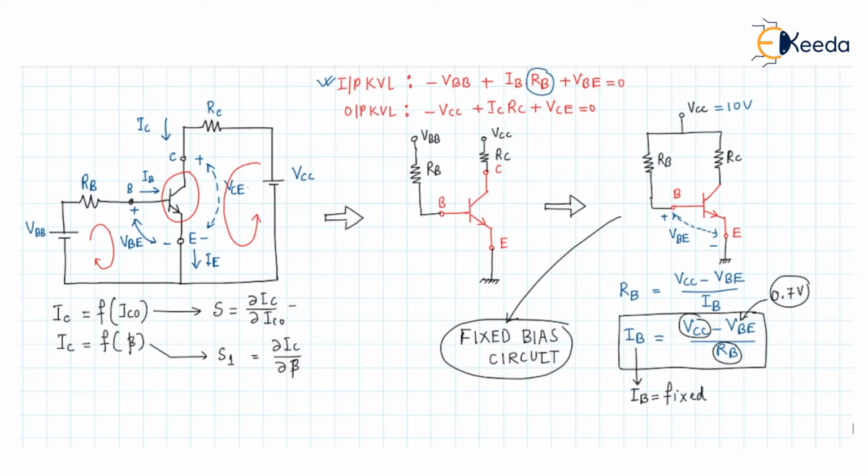So the first factor, the stability factor S, denotes how much IC is changing with respect to ICO, and S1 denotes how much IC is changing with respect to beta.